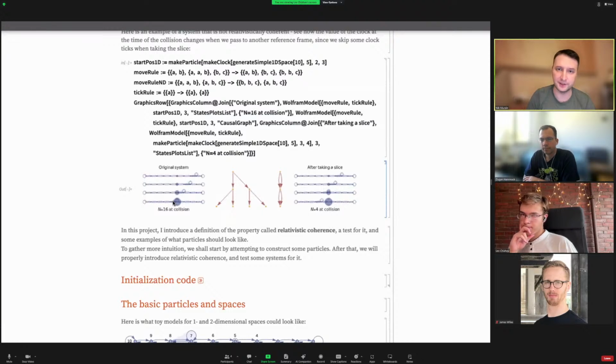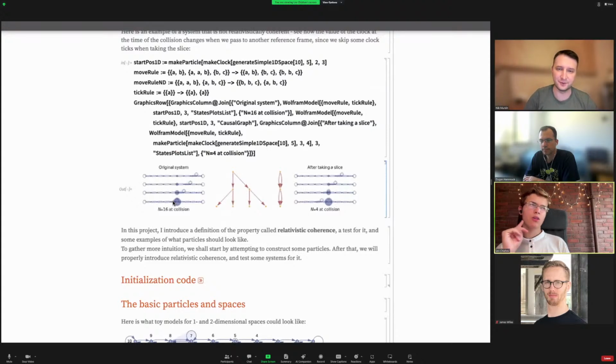Maybe there's only one way to slice the causal graph that intersects that particular observation. Maybe you can pick some weird slices that don't involve this observation event and reconstruct the state where the particle moves through the clock at some different clock state. But it doesn't involve the observation event. Well, I'm not talking about just taking a causal graph and taking different slices.